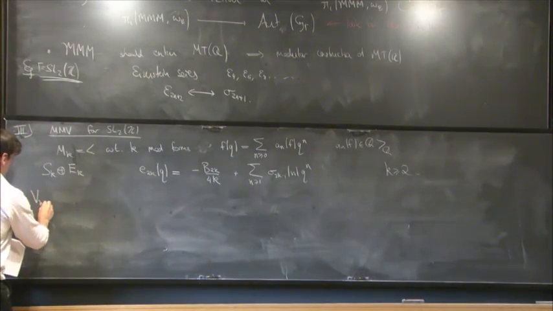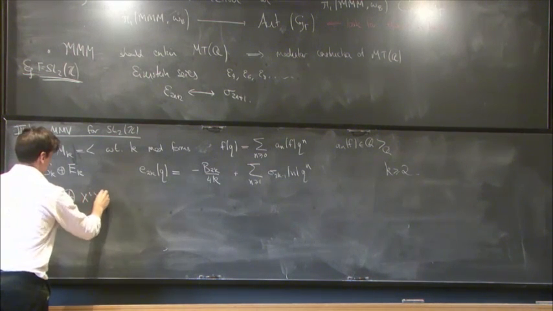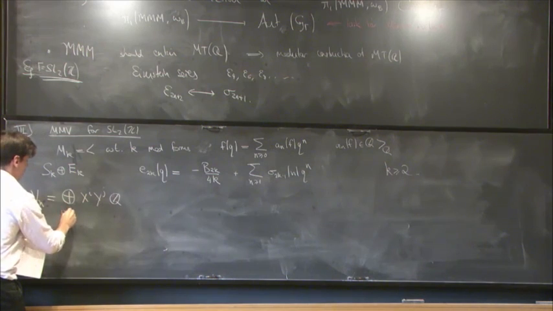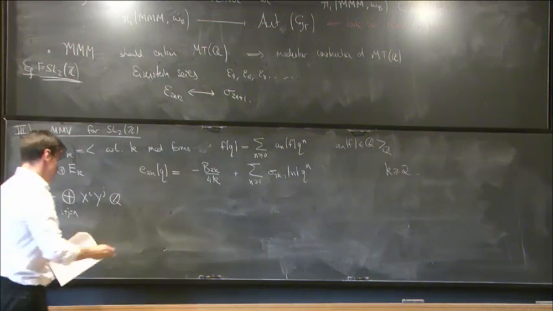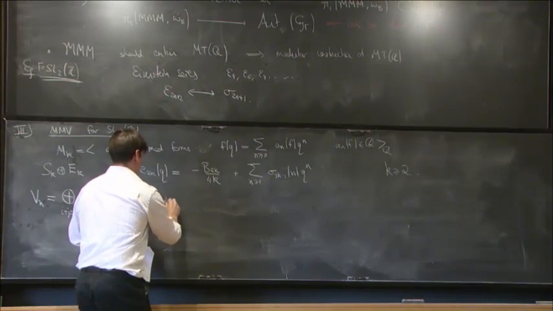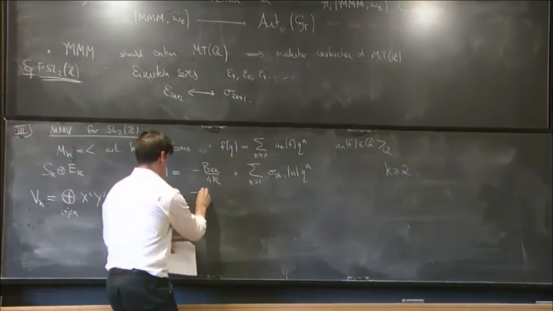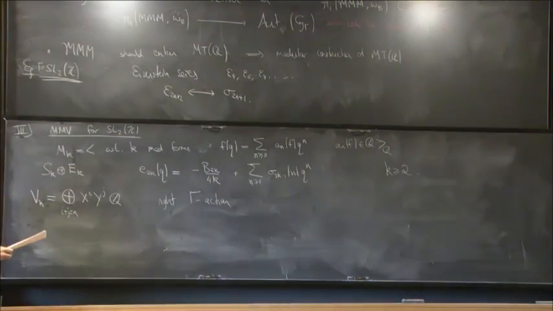And now I'm going to let V_n be the direct sum of Q x to the i y to the j, where i plus j equals n. So it's just a space of homogeneous polynomials of degree n. And just to be different from the previous talk, it's going to have a right action. This is actually because the whole of the modular forms literature uses a right action.